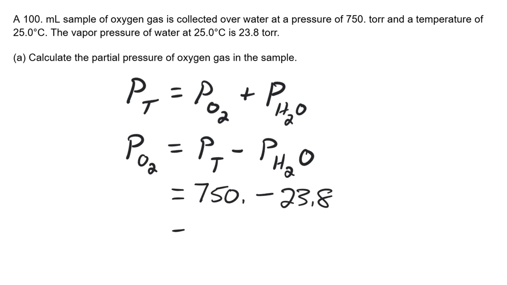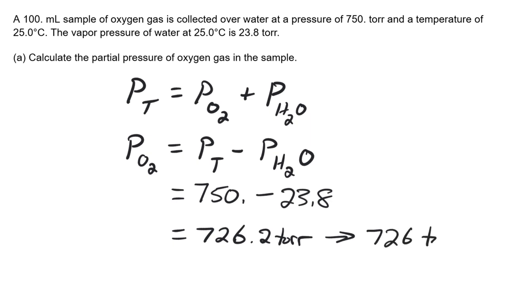And so if we do this simple subtraction, we end up with 726.2 torr, and to the correct significant figures, which would be to the ones place, 726 torr. And we call this the pressure of the dry gas, or the pressure of just the oxygen alone.